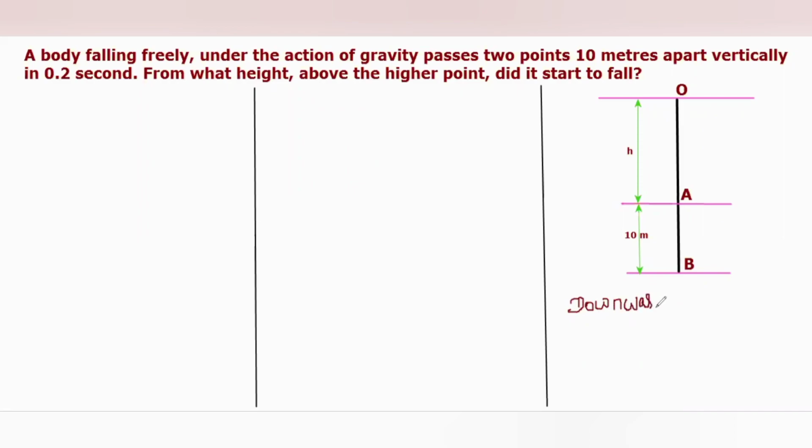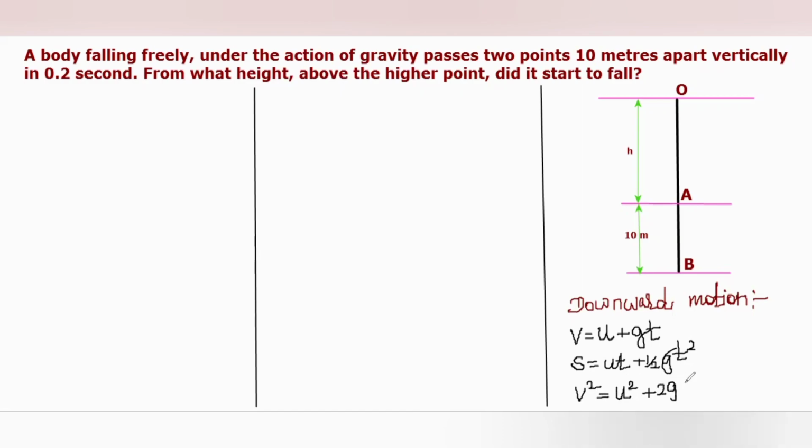This is a downward motion, so the kinematic equations are V equals U plus GT, S or H equals UT plus half GT square, and V square equals U square plus 2GS.